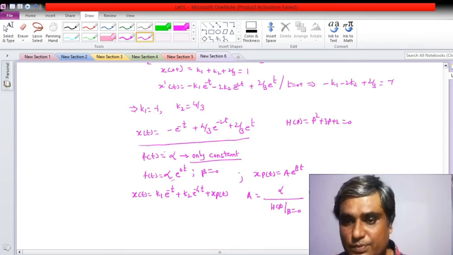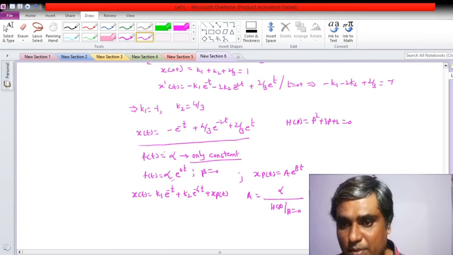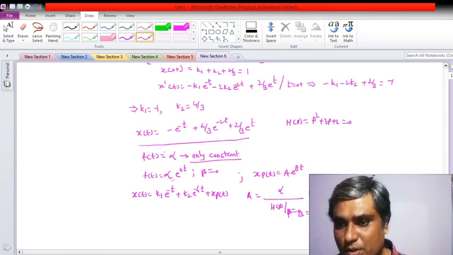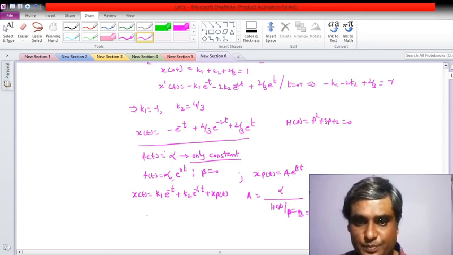Beta is 0, so it is alpha divided by p square plus 3p plus 2 with p evaluated at beta, which is 0. Only 2 remains, so alpha is 4 and 4 over 2 will be 2.